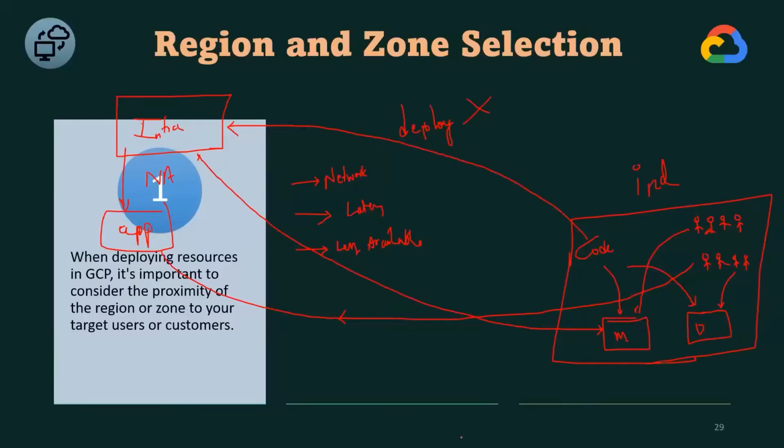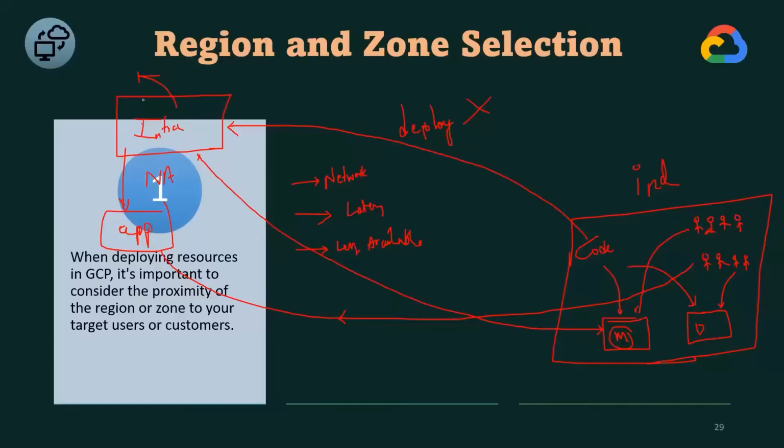It's the same thing. For example, your application is deployed here, and that application's data is available here. If this application has to access this data, do you think it's easy? No, it's not easy, because it's all the way in North America.